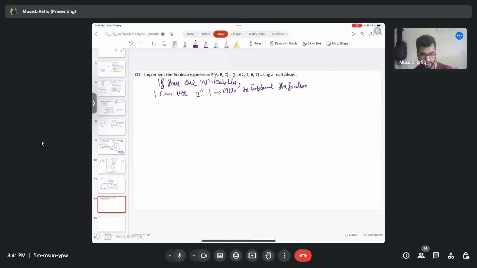In this case, all my variables are applied at the select lines, and depending upon the function, inputs I0, I1, I2 are then set to 0 or 1. Also I can use a 2 raised to power n minus 1 is to 1 mux to implement a function.